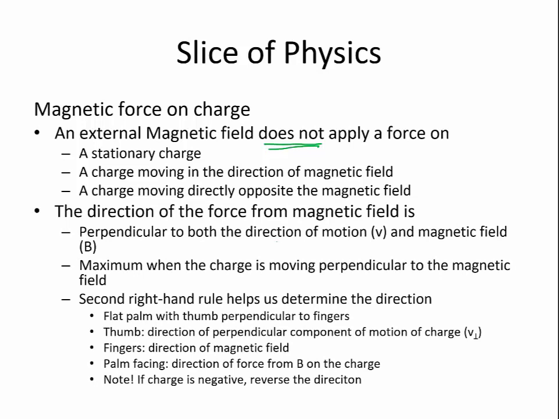And then when it is moving in a direction that is not one of those, when there's no forces applied, then we realize that the direction of the force is perpendicular to both the direction of motion of the charge and of the external magnetic field. It's maximum when the charge is moving perpendicular to the magnetic field because we only care about the perpendicular component of the velocity. And then the second right-hand rule helps us determine the direction.